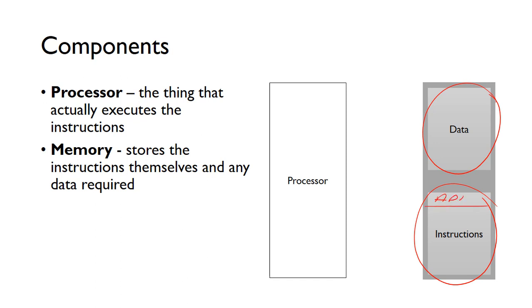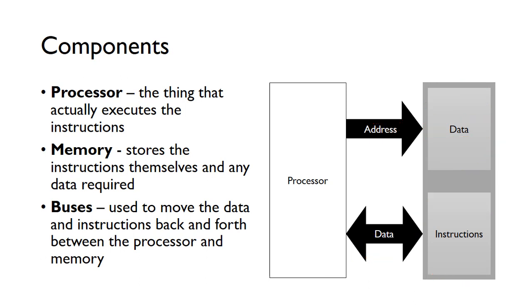And then the data, maybe the values if you want to do 5 plus 7, will be in the data memory, which is often the RAM. Instructions can be in the ROM or the flash. And when this instruction gets executed, the result will again be written to RAM.